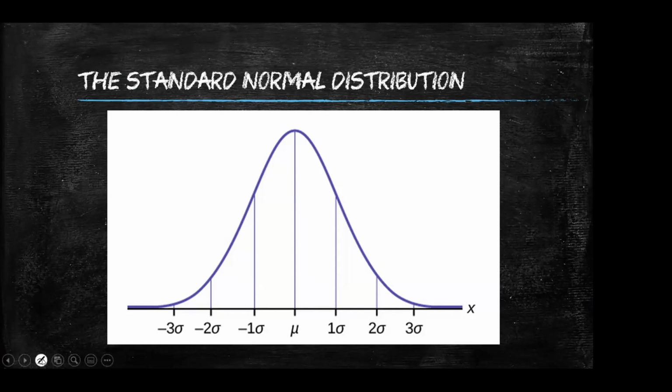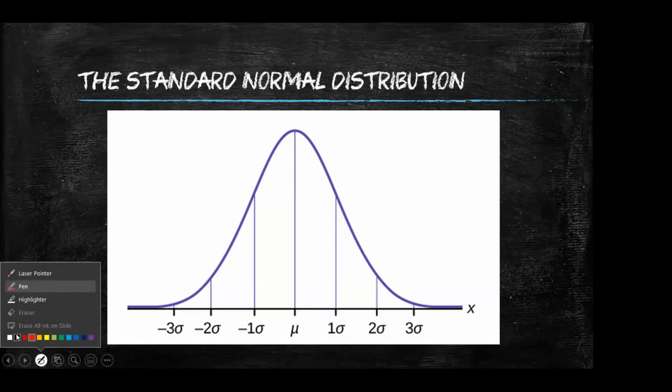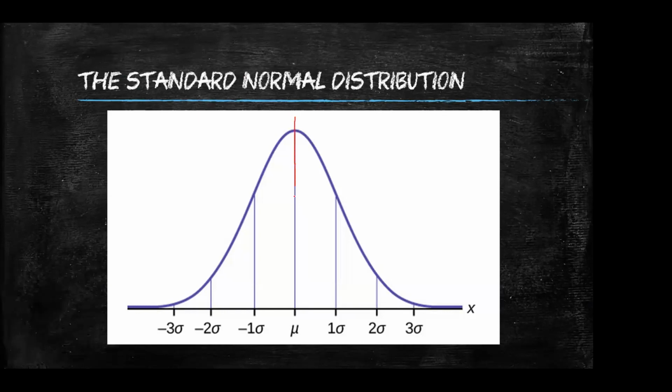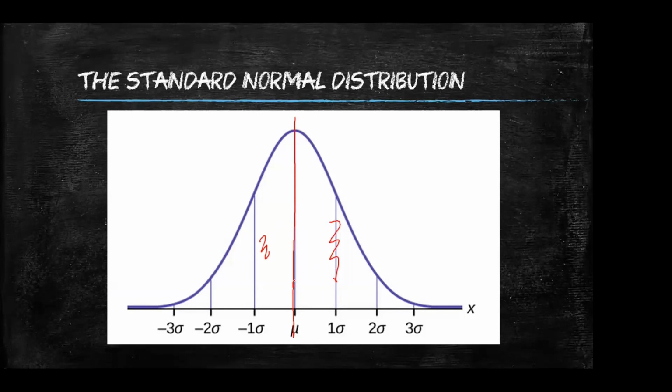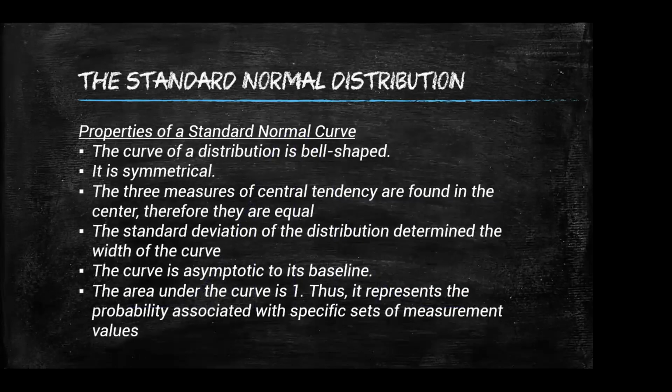Okay, so when we divide a figure accordingly, we will have 2 equal parts. So that is symmetrical. Pag hinati natin yan sa gitna, we have 2 equal parts. So this part is similar to this part, or congruent.